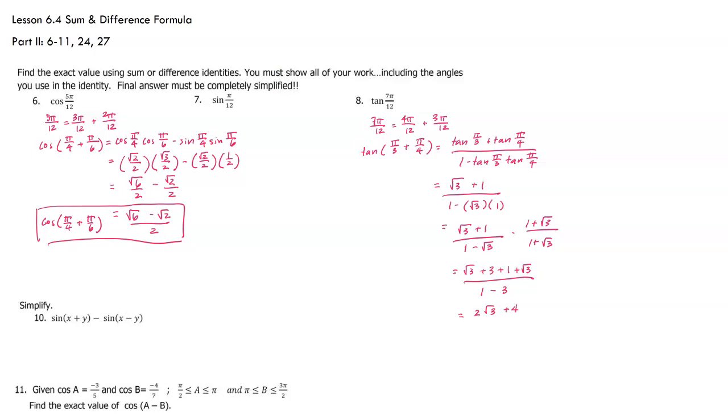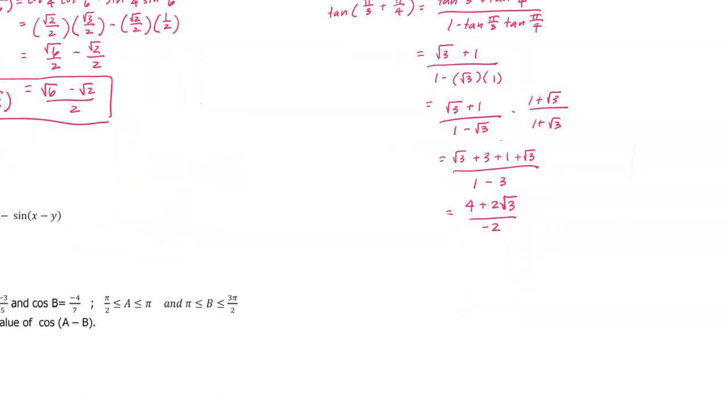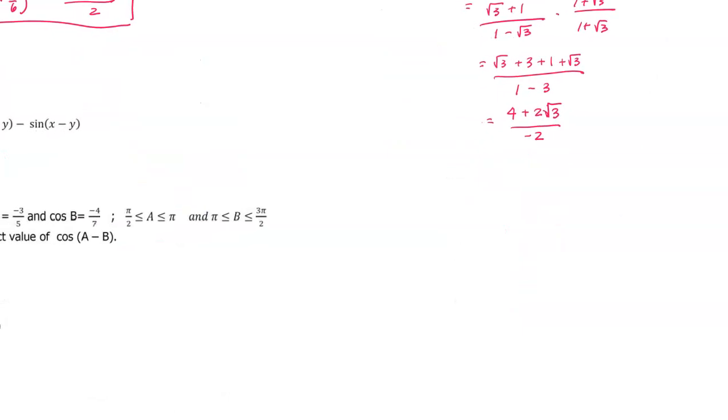So that is going to be 2 times the square root of 3 plus 4 over negative 2. Let's go ahead and rewrite it in the correct way. We always write the rational part first: 4 plus 2 square root of 3 over negative 2. And then you can further simplify that.